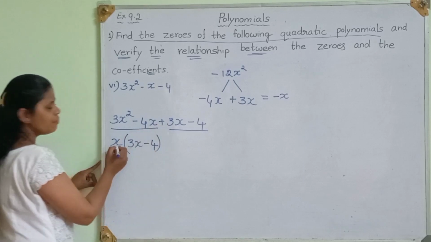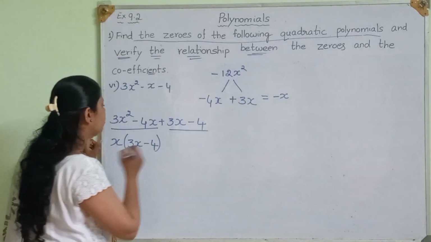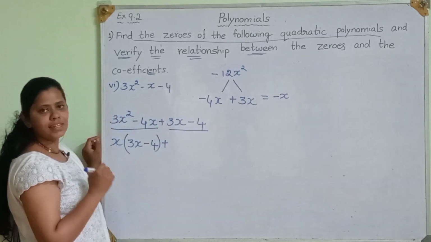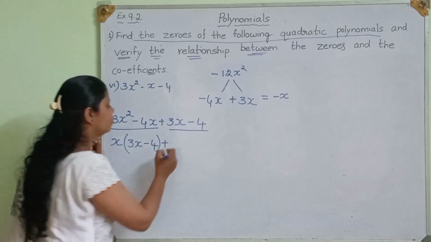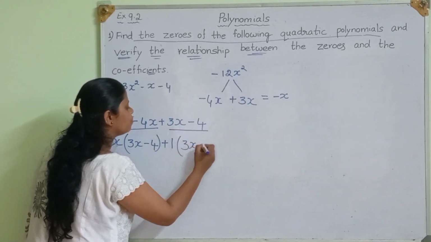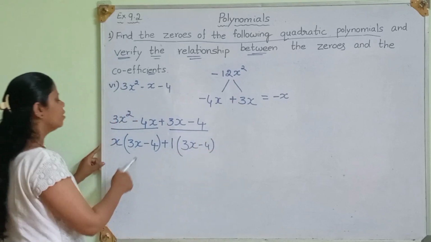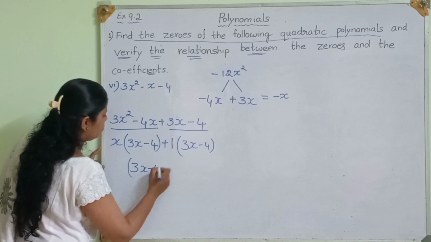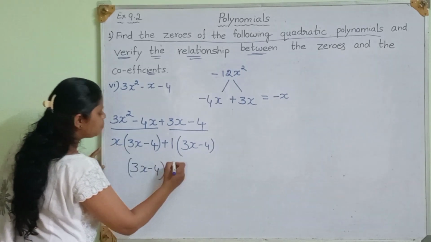Now plus 3x minus 4. Is there any common? No. Therefore let us take 1. 3x minus 4 into x plus 1.